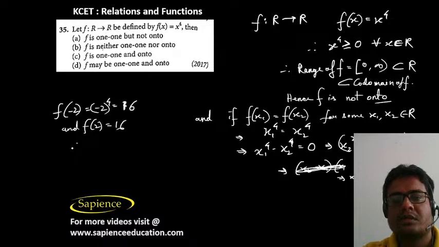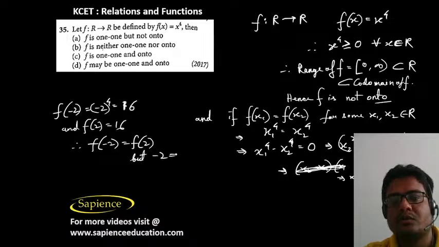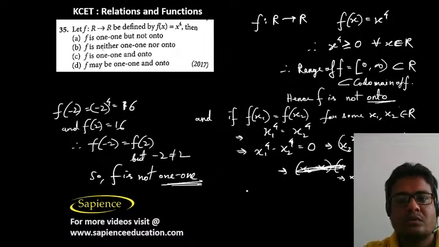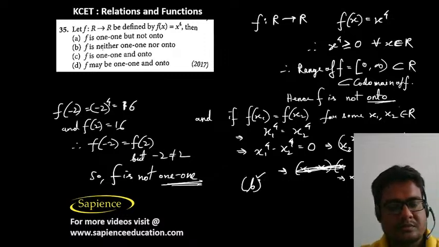So f of minus 2 equals f of 2, but minus 2 is not equal to 2, so the function f is not 1-1. Therefore the function f is neither 1-1 nor onto. Therefore option B is the correct answer.